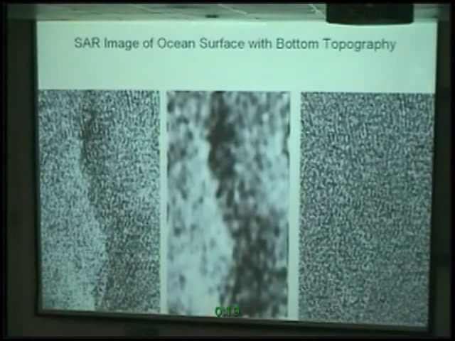When they flew the synthetic aperture radar over shallow ocean, they found all kinds of bottom topography, and they were surprised because radar does not penetrate the ocean. Electromagnetic wave penetration of the ocean surface is only a few millimeters.